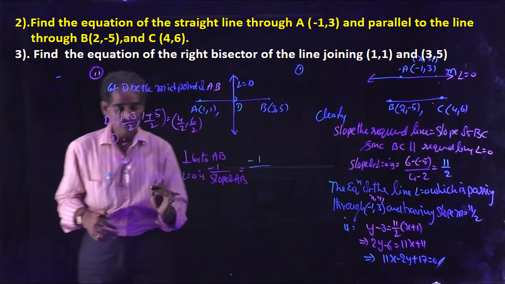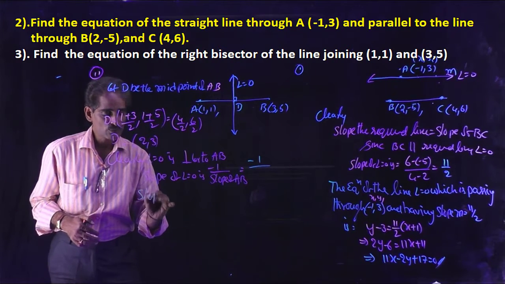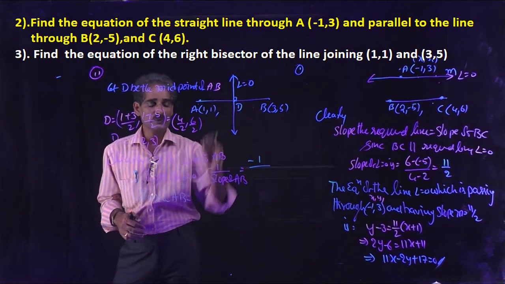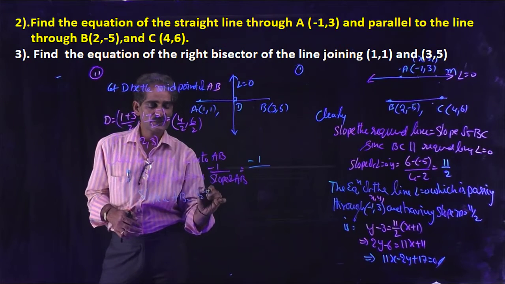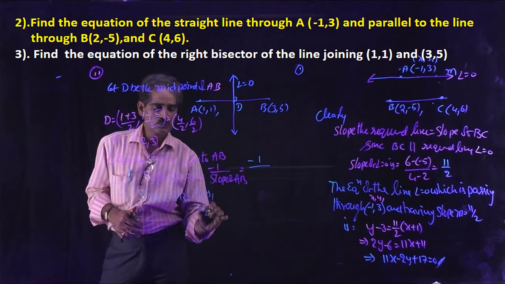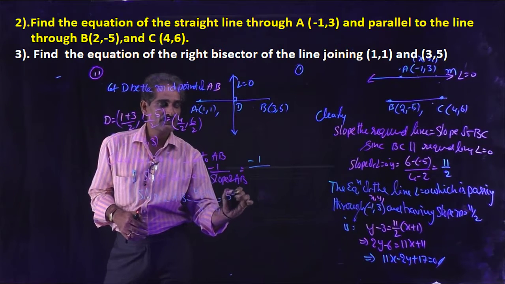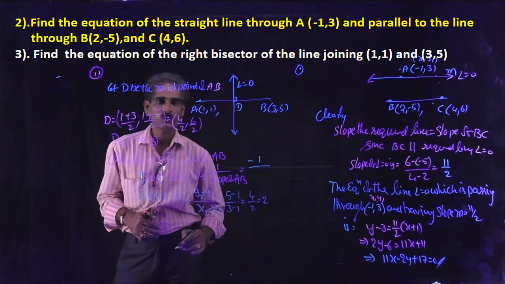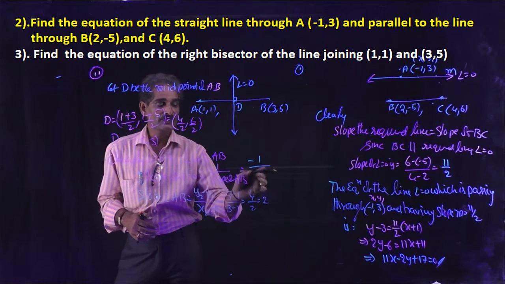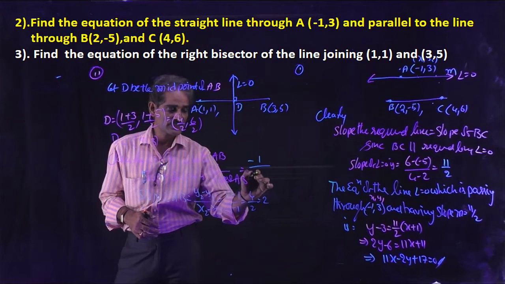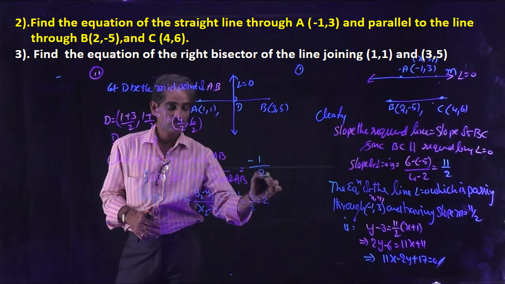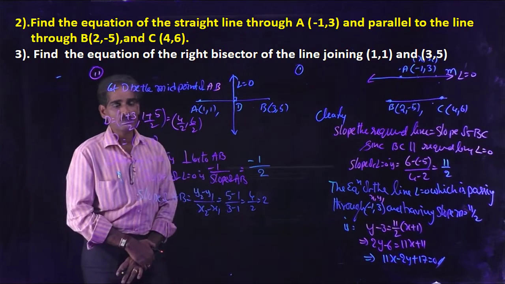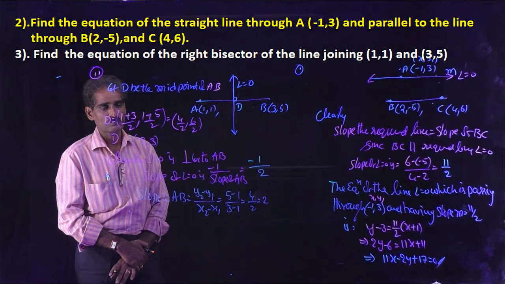Slope of AB is equal to y2 minus y1 by x2 minus x1. That is equal to 5 minus 1 by 3 minus 1, equal to 4 by 2, which is equal to 2. Now substitute the slope of AB in the denominator, so it is equal to minus 1 by 2. Now the slope of the required line is minus 1 by 2.